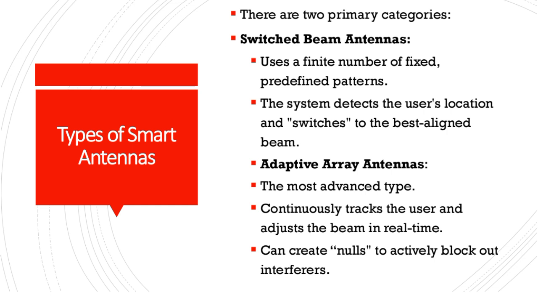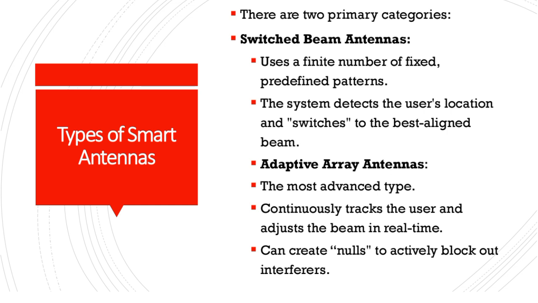The system detects the user location and switches to the best aligned beam, because here we have a finite number of predefined and fixed patterns. By that we can easily detect the user location and switch to the best aligned beam.